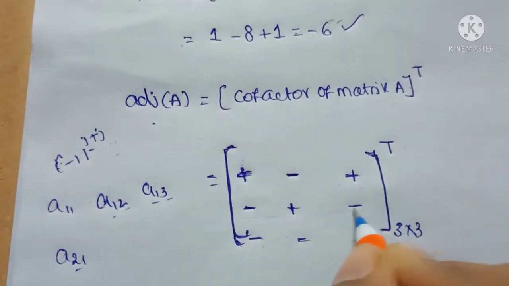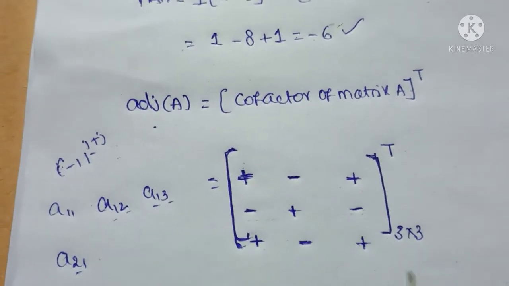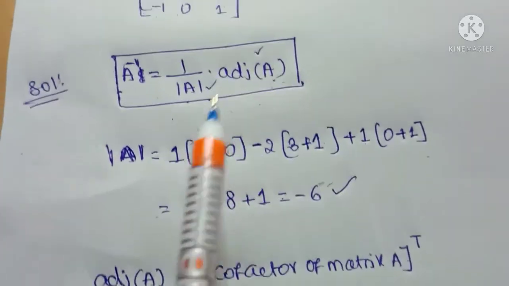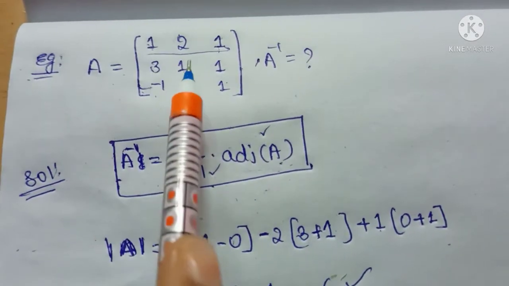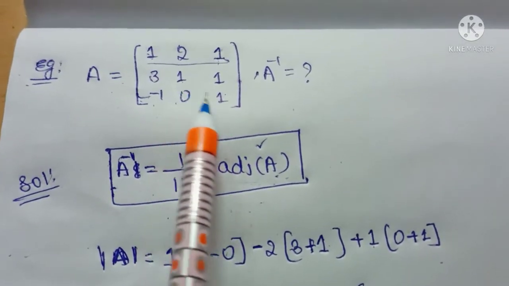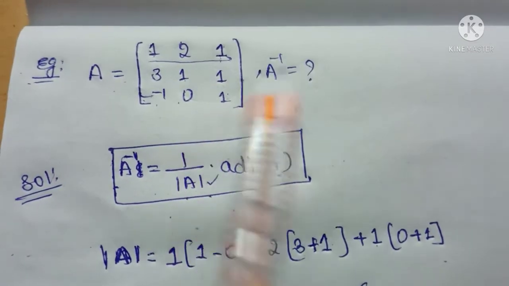The pattern is plus, minus, plus, minus, plus. Then we have to find the minor of that matrix, AD minus BC: 1 into 1 minus 0 will give 1 only.